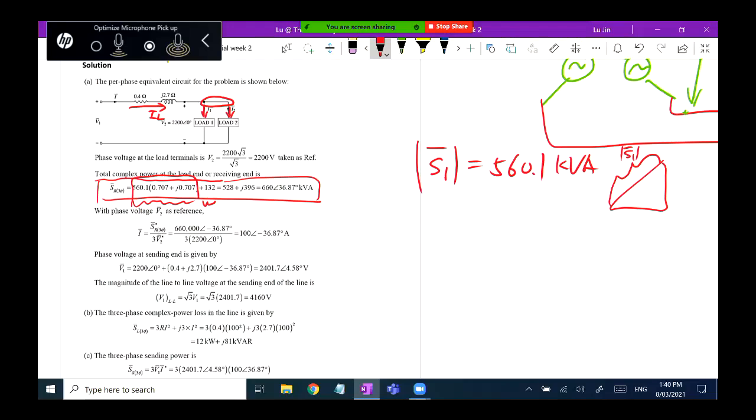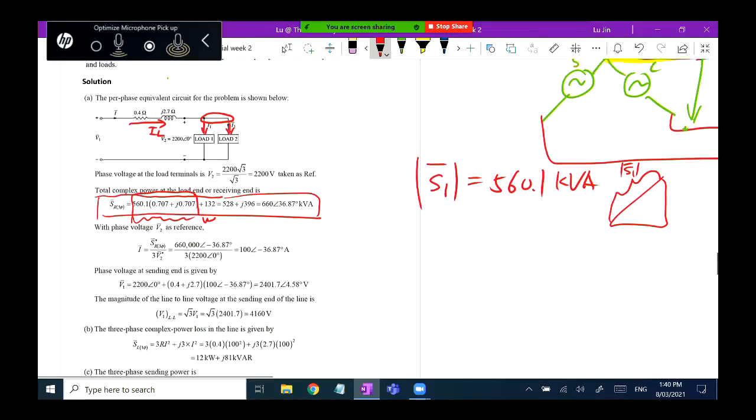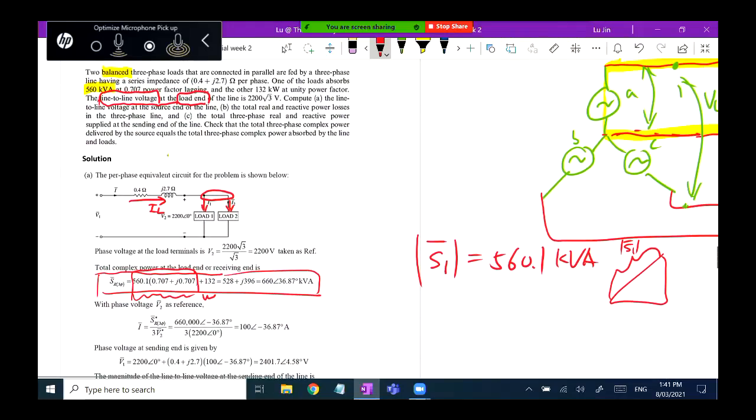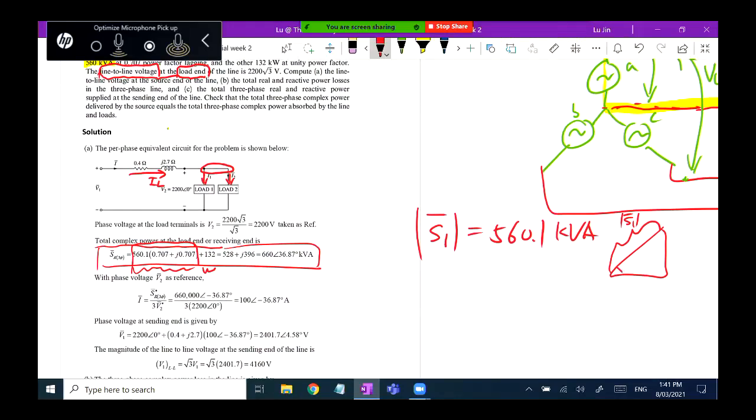We also know the power factor is 0.707, leading or lagging? Lagging means the direction of the power triangle is correct. So this angle will be 45 degrees, which is just the arc cosine of 0.707. So this angle is 45 degrees.